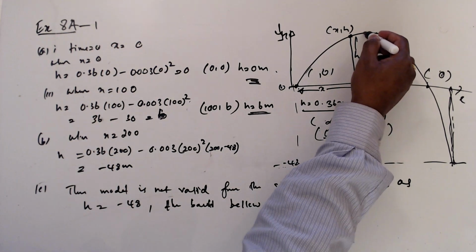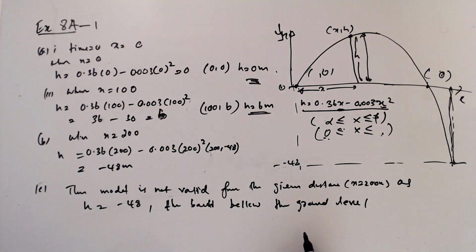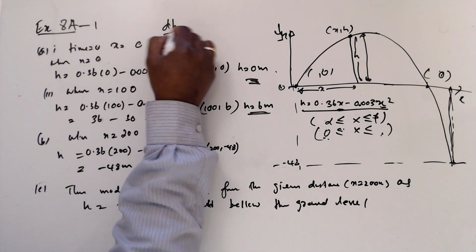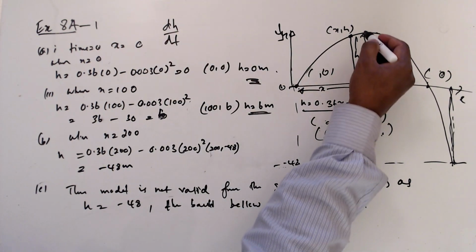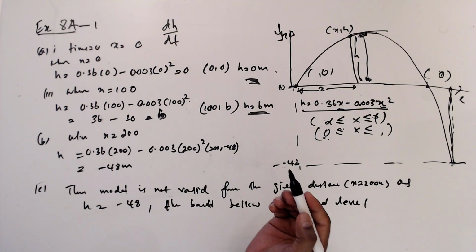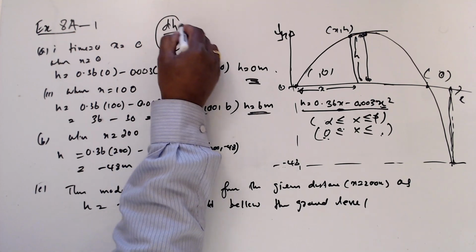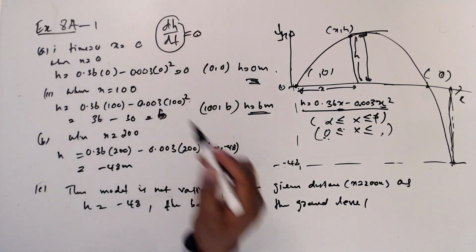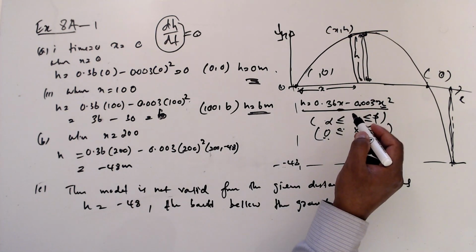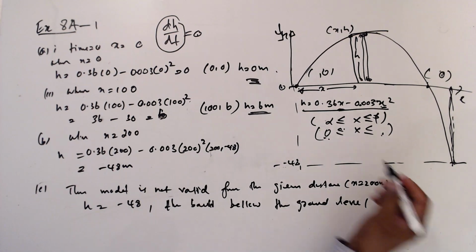How do you find this maximum height here? We can find this maximum height by finding dh over dx. We know that maximum height means it is a turning point, so it's a stationary point. We know how to find a stationary point. So we want to get dh over dx, and when we make it 0, we will get the answer.